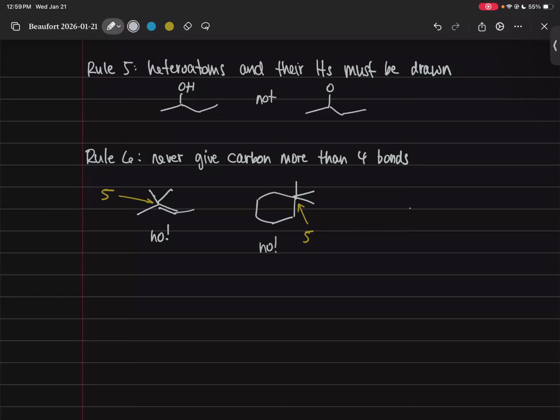And then another case where it's sort of easy to mess up is this carbon-oxygen double bond. It's easy to accidentally add 3 other groups to the carbon atom. That carbon in the middle there has 5 bonds, 3 CH3 groups, and the double bond to the oxygen.